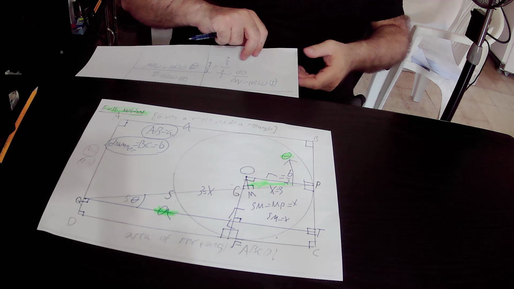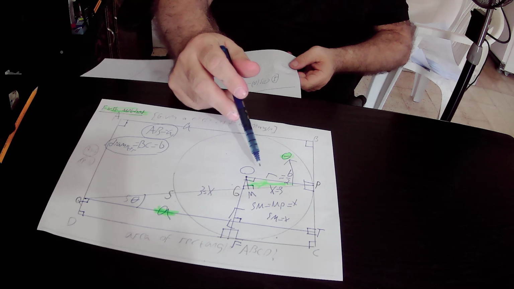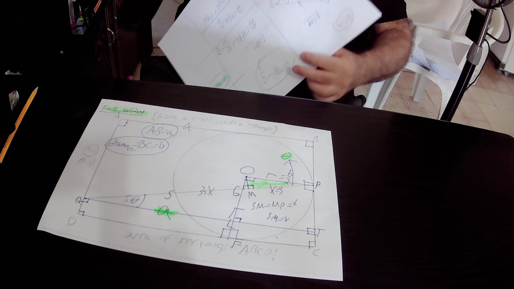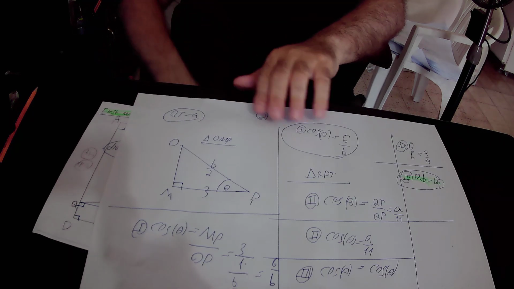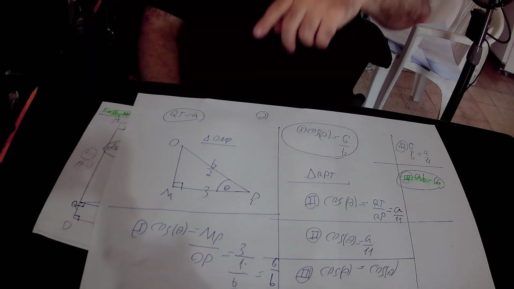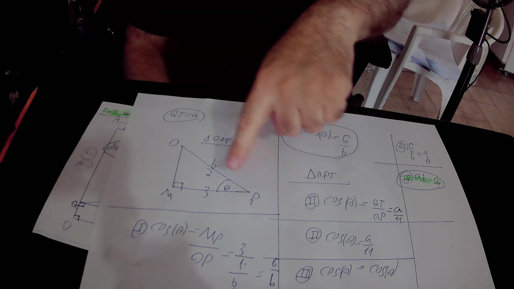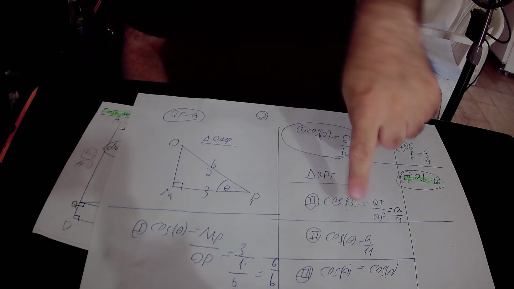Okay, then I copied the right green triangle OMP onto a new page and analyzed triangle OMP. This is the right triangle OMP that I copied from the original drawing. This angle equals theta, MP equals 3, and the hypotenuse OP equals b over 2.